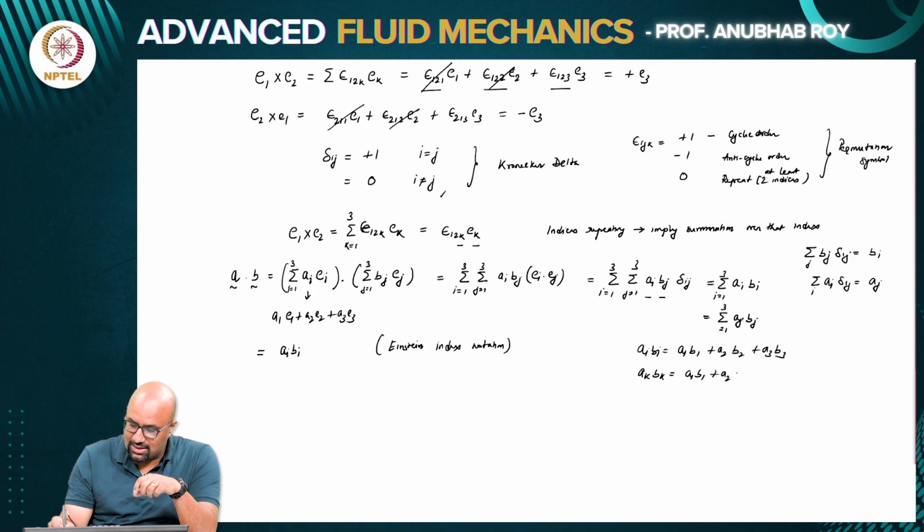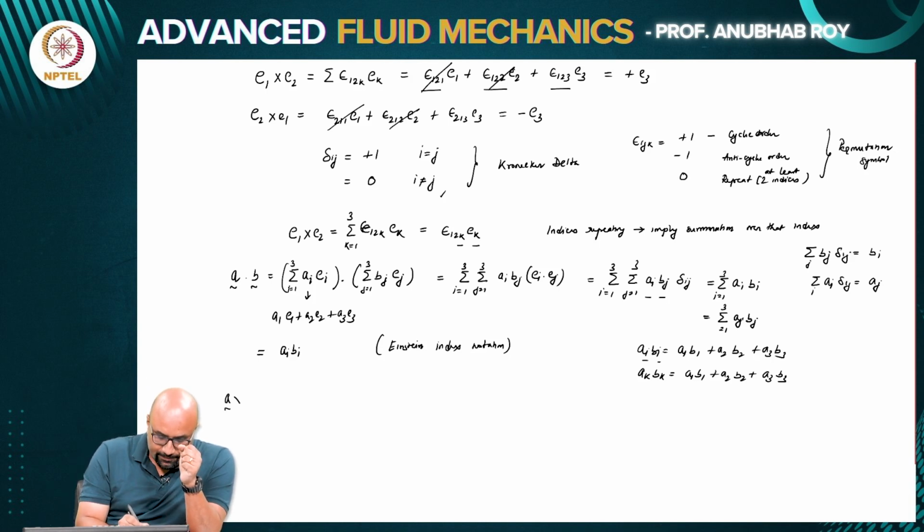There is nothing sacred about calling them i, j or k. The moment it is repeated, you are free to choose whatever index you like. So, this is doing what you know, but using a slightly different language. Now, let us do a cross product.